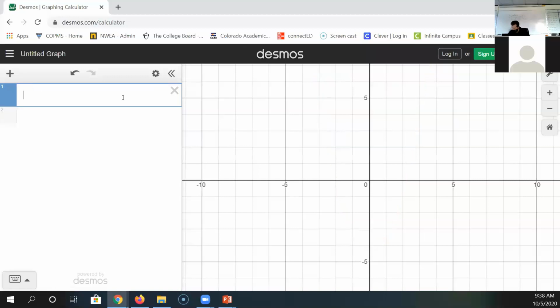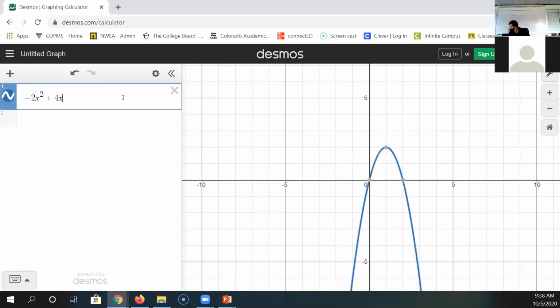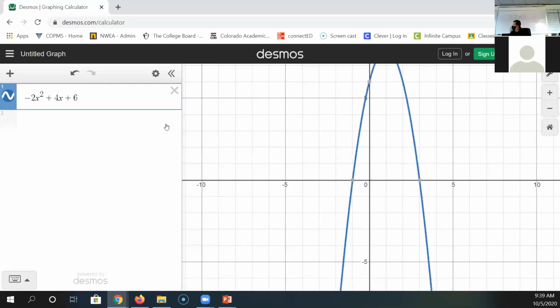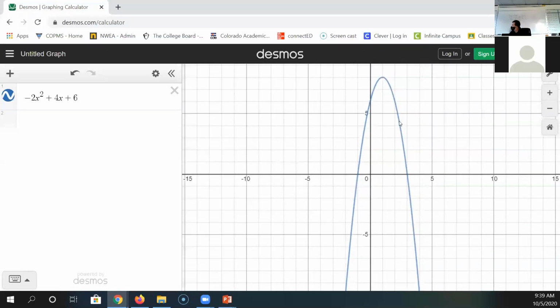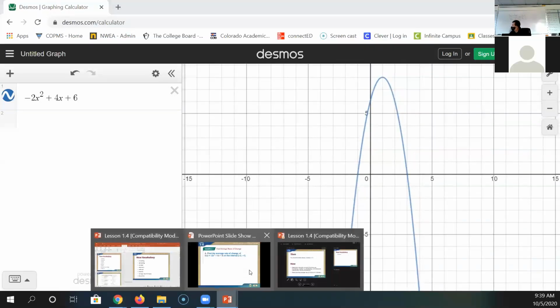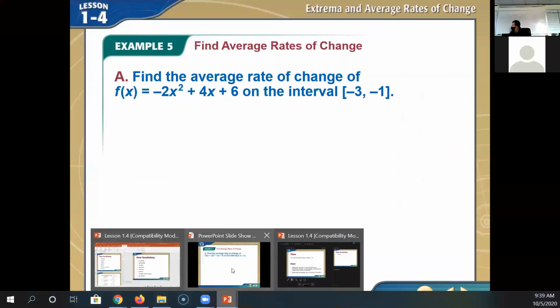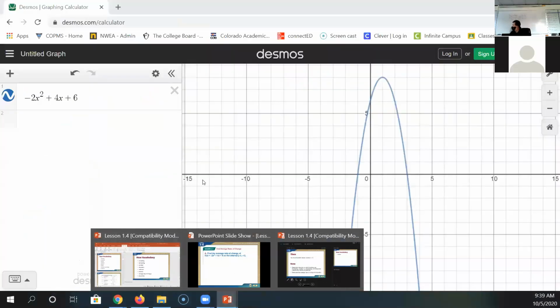Negative 2x squared plus 4x plus 6. And we are on the interval from negative 3 to negative 1. Perfect.